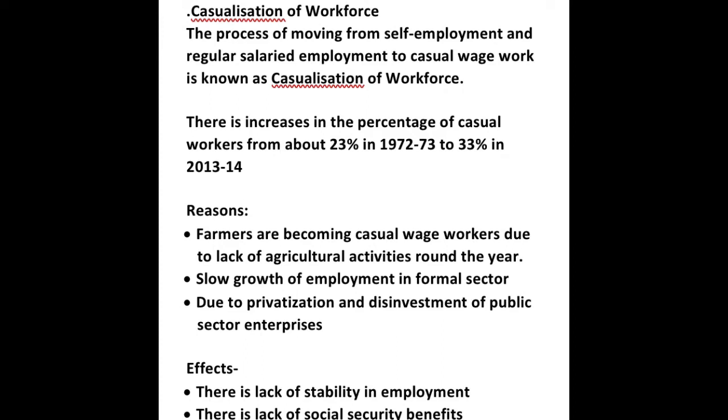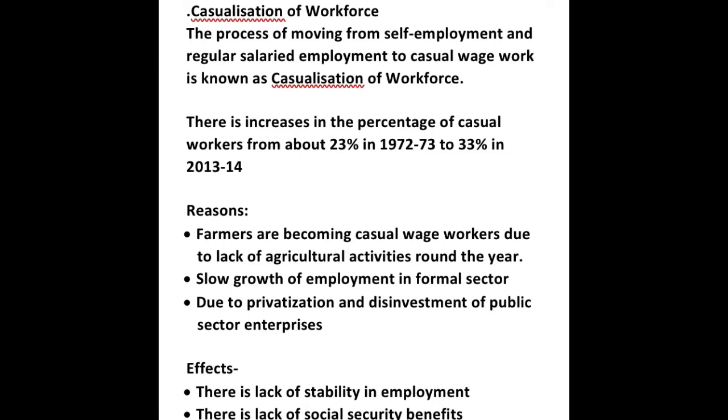What can be the reasons for casualization of workforce? Number 1, farmers are becoming casual wage workers due to lack of agricultural activity round the year. In those periods in agriculture where they do not have any source of income, the farmers may start working as casual labor. Slow growth of employment in the formal sector.